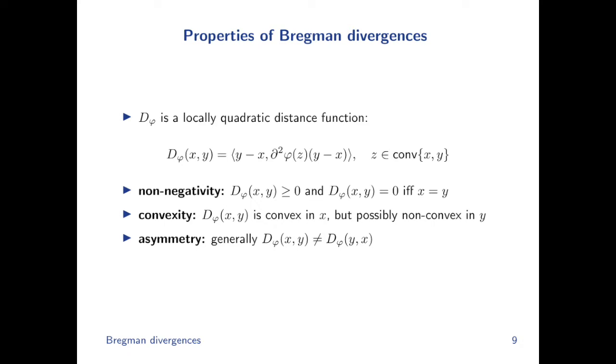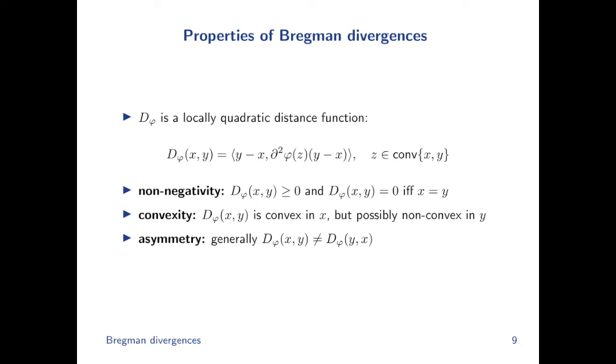You will notice that the first order term, if you expand at the correct point, so if you expand around the second argument, will cancel out with the linear term that appears in the definition of the Bregman divergence, and all you're left with is the quadratic term. Okay, and it is this quadratic term that the Bregman divergence, at least when the points in the argument are close, is approximating. So it's basically some type of squared Euclidean distance, squared Mahalanobis distance.